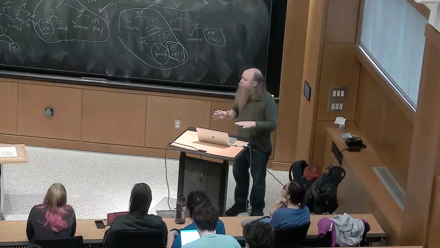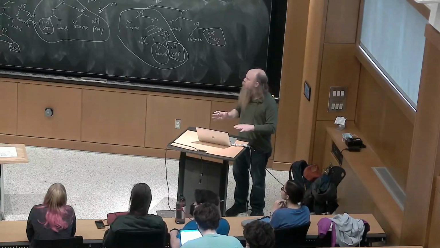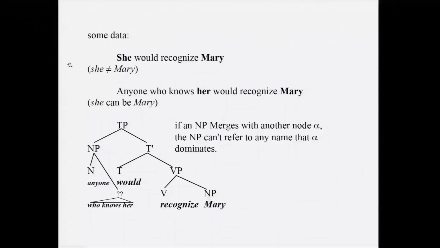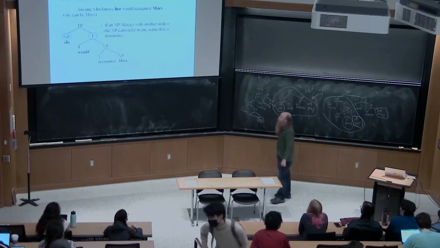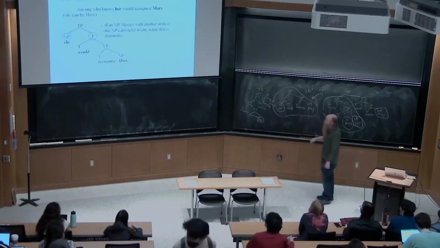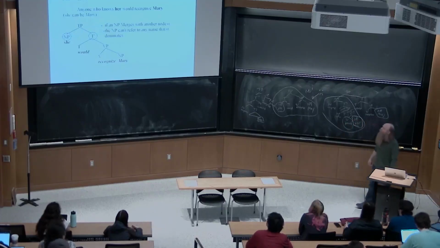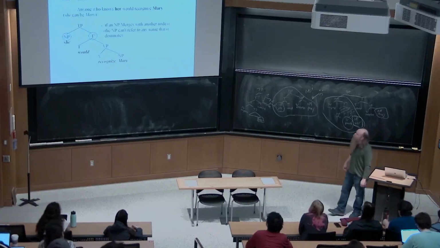We have a name for this relation that holds between she and Mary in this kind of tree. This is too complicated, let me introduce some variables.